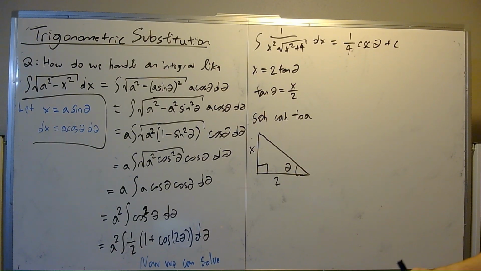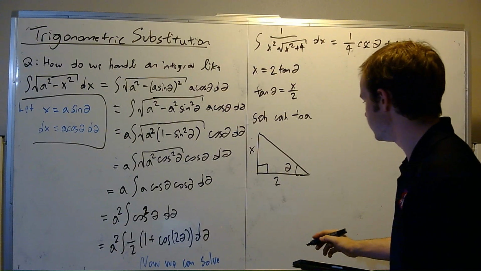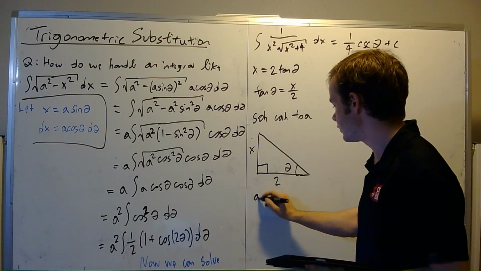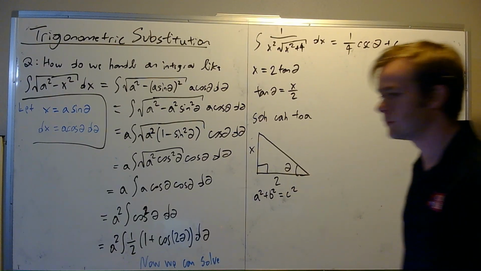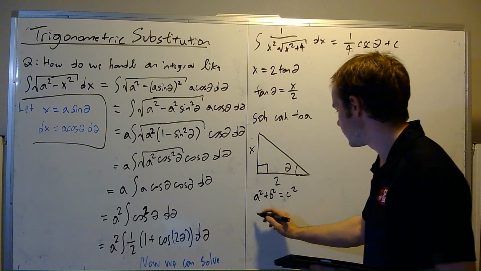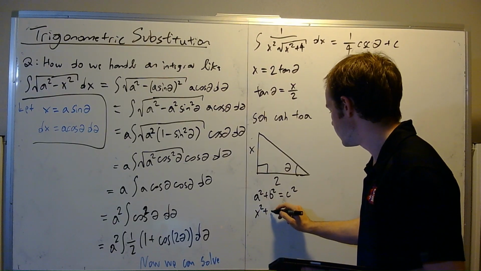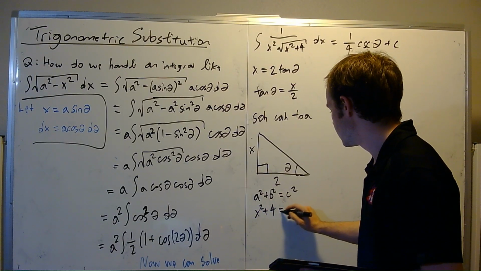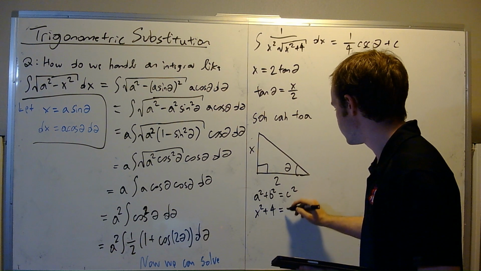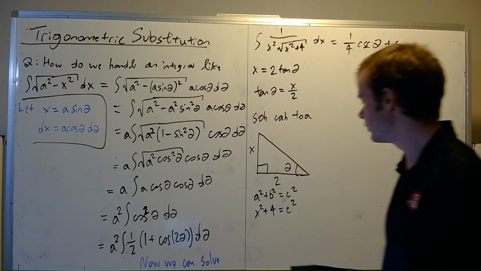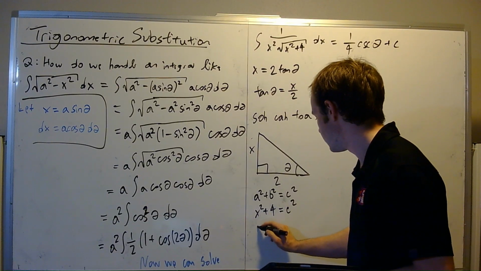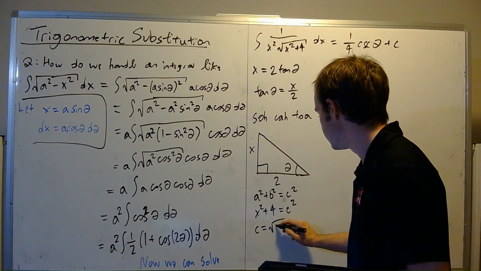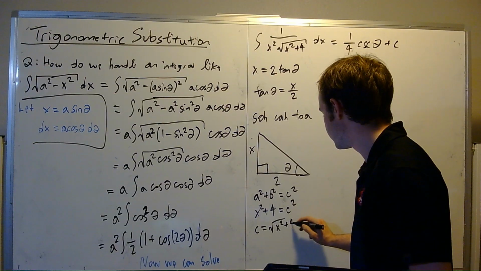We can use the fact that a squared plus b squared equals c squared. So we get x squared plus 2 squared, which is 4, equals whatever this hypotenuse is squared. And now we're trying to find c, so we just take the square root of both sides. So c is the square root of x squared plus 4.